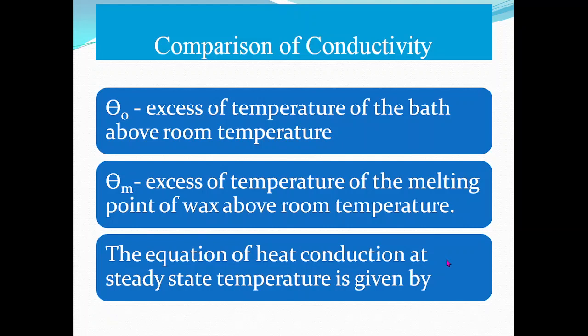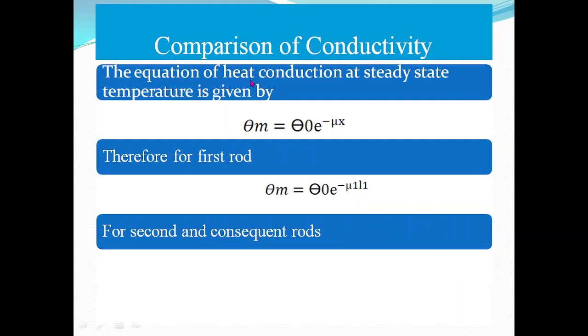The equation of heat conduction at steady state temperature, we have seen yesterday, is given by theta m equal to theta 0 e raised to minus mu x. Isn't it? This is the equation of heat conduction. Theta m, we have just seen, is the melting point temperature of the wax.